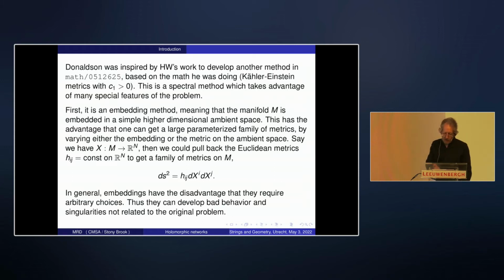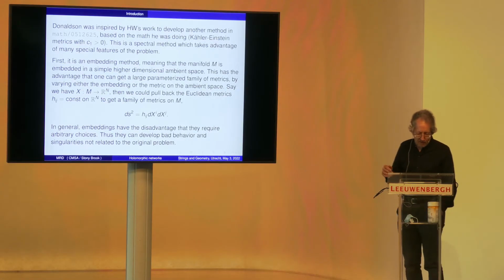Then you could also say, let's consider embeddings into higher and higher dimensional Euclidean spaces. Let's not vary X. Let's just consider a strict family of embeddings, but let's vary this metric H. And then that also gives you a family of metrics. So even constant H, although they're all equivalent in Euclidean space, once you restrict to this submanifold, they're not equivalent.